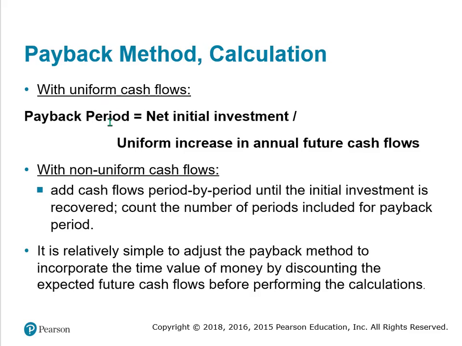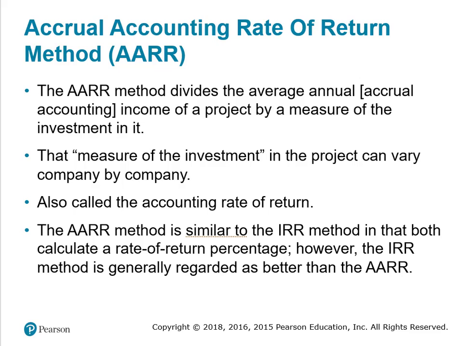The payback period is the net initial investment divided by the uniform increase in annual future cash flows. Okay, let's take a look. I would stop here and go do a payback problem and then come back and finish up this presentation.